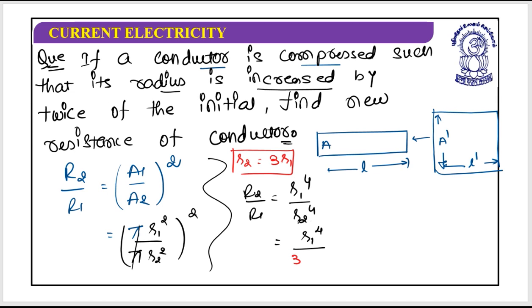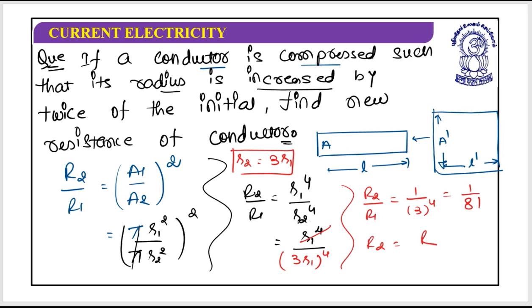So this is (3R1) to the power 4. R1 to the power 4 cancels, leaving 1 by 3 to the power 4. 3 cube is 27, and 3 to the power 4 is 81. So this is 1 by 81. So R2 equals the initial resistance R divided by 81. This should be the final answer.